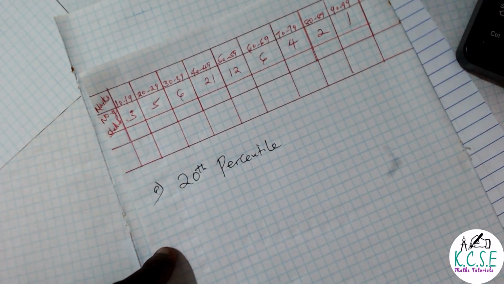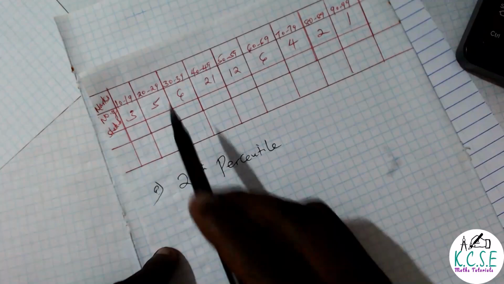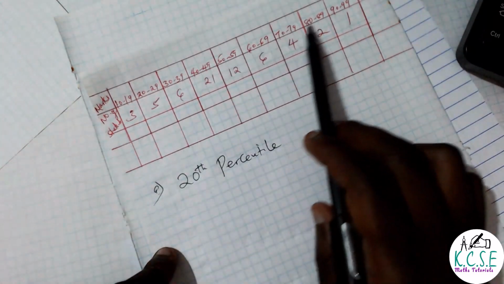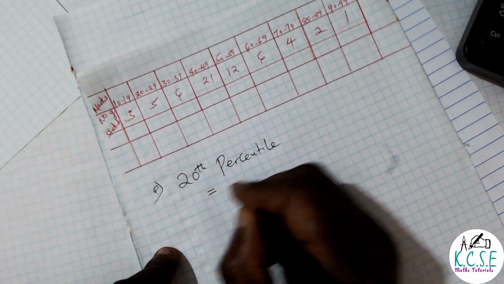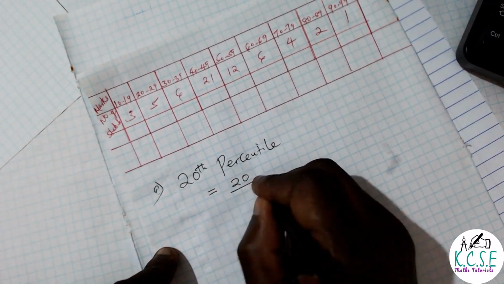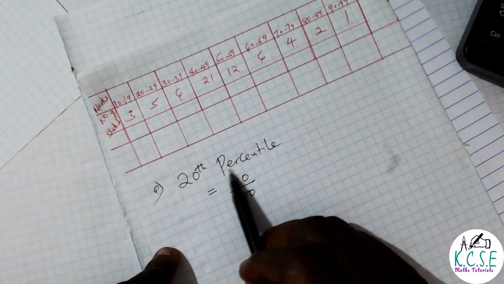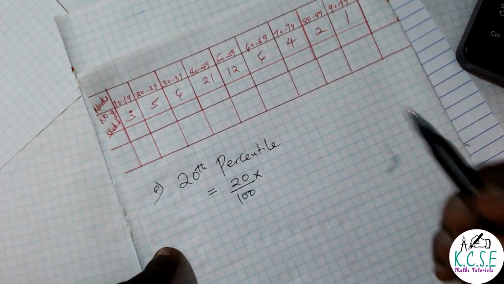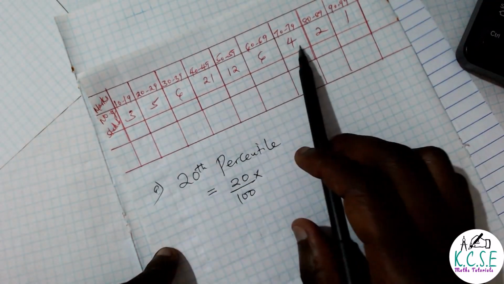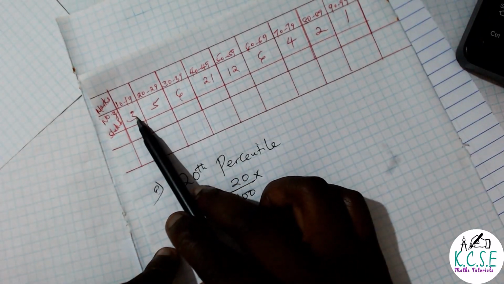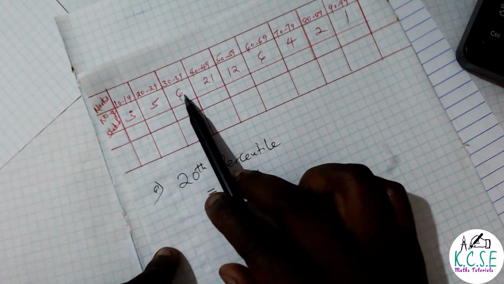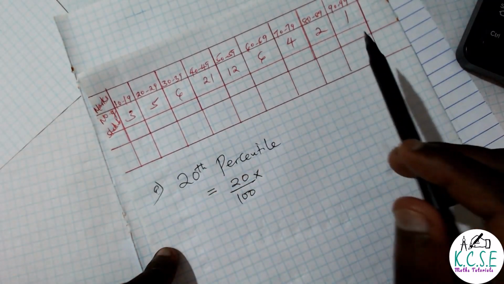If we want to get the position among all these classes, we want to know where the 20th percentile will be. We simply get it by 20 divided by 100, that is the meaning of 20th percentile, times the total frequency. How many students are here? When you add all these, 5 plus 3 plus 5 plus 6 all the way to 1, you get 60.